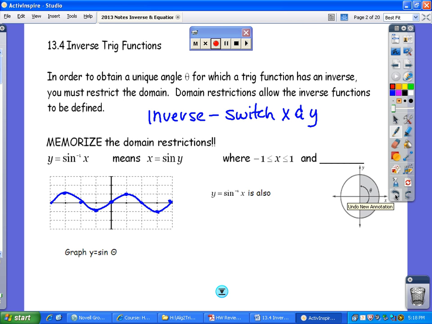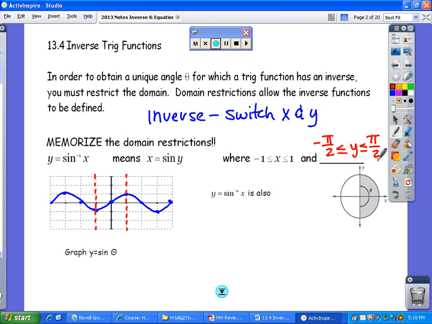So we're going to restrict our domain between negative pi over 2 and positive pi over 2, so that when we take the inverse, it will also be a function. So our restriction is from negative pi over 2 to positive pi over 2.